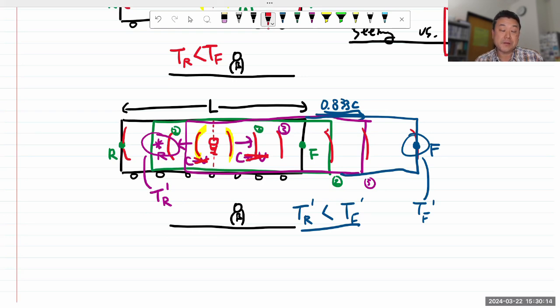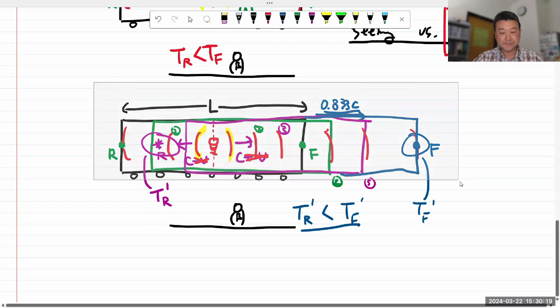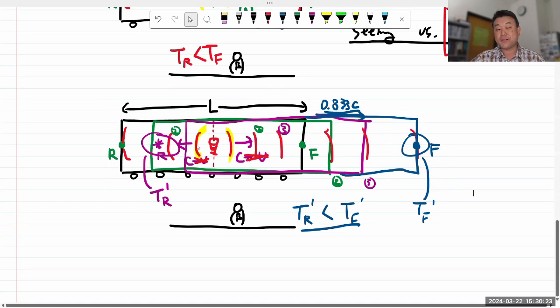Under that assumption, light hits the rear of the train before it hits the front of the train, because the light going towards the front isn't moving any faster from Bob's reference frame. It's still moving at c. Light going to the rear of the train is not any slower.